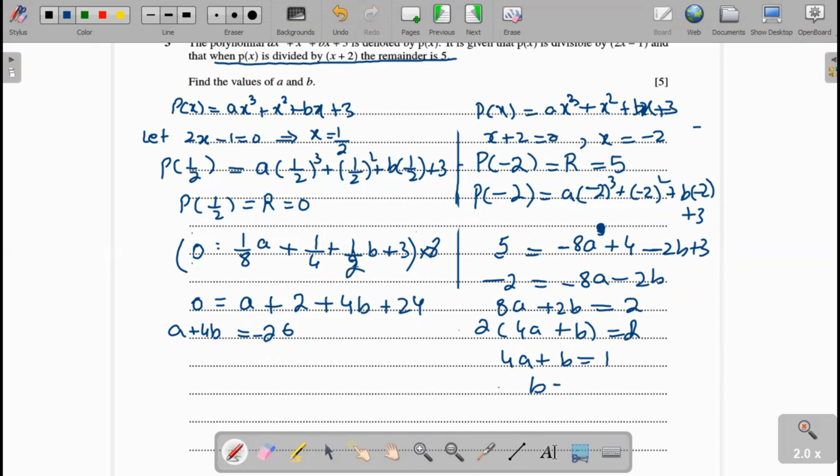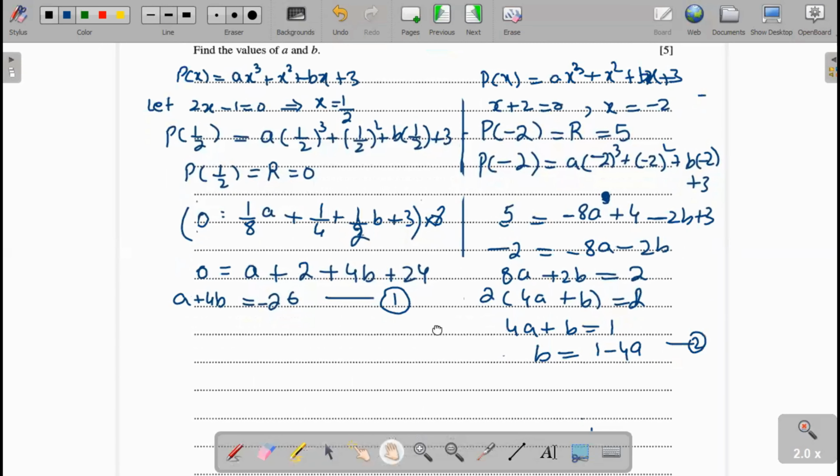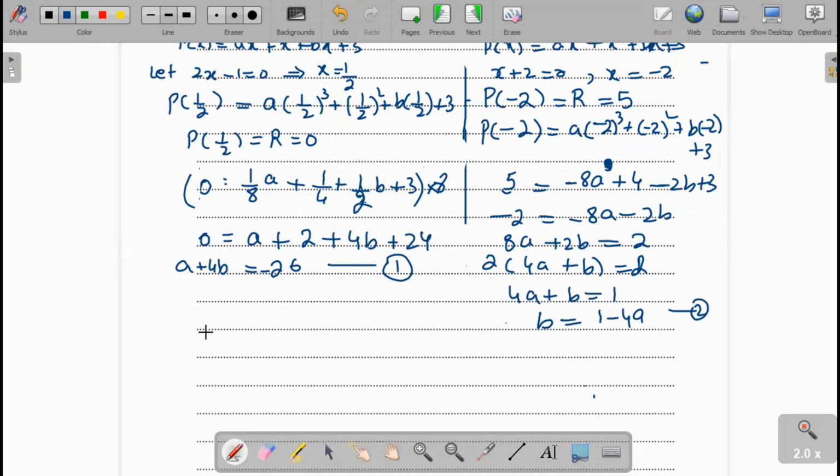Now we get b equal to 1 minus 4a. This is equation 1 and this is equation 2. Now put the value of b from equation 2 into equation 1: a plus 4 into b, which is 1 minus 4a, equal to minus 26. That is a plus 4 minus 16a equal to minus 26.